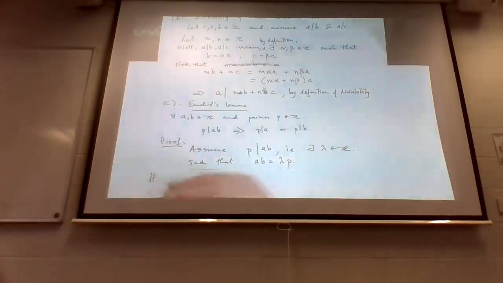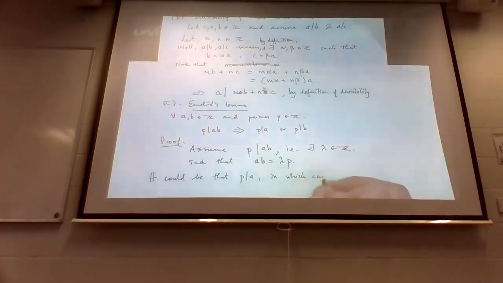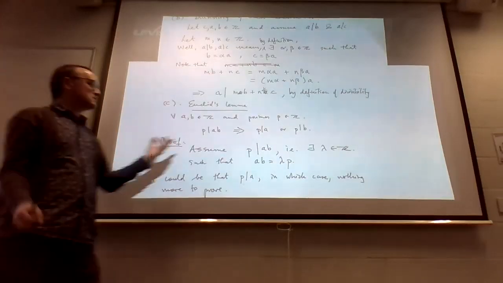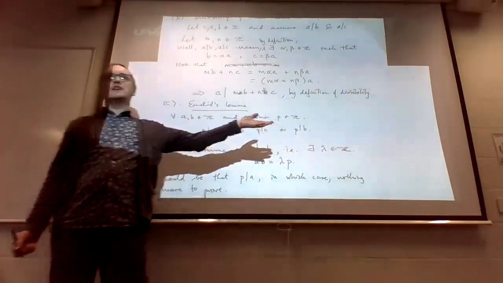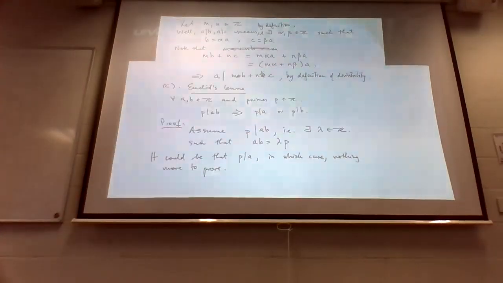So we can say it could be that P divides A. In which case, there's nothing more to prove. Okay. If you know P divides A, you don't have to do any more argument to make the statement P divides A or P divides B. Okay. Because you know P divides A. It's in the other case where there's work to be done.